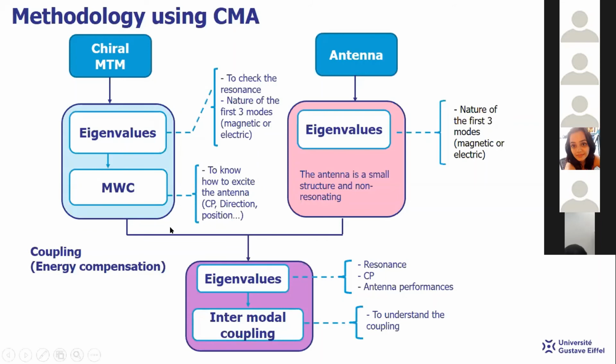Then, using CMA, we will try to understand the coupling between the antenna and the chiral metamaterial, checking the resonance, the antenna performance, and also the intermodal coupling.